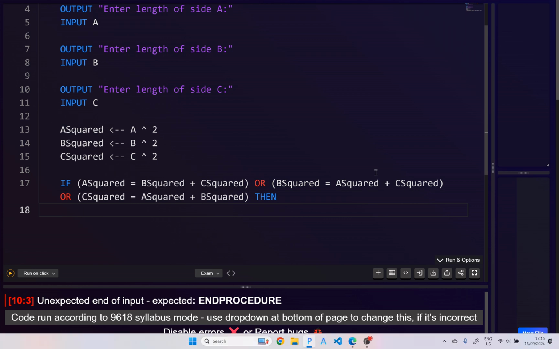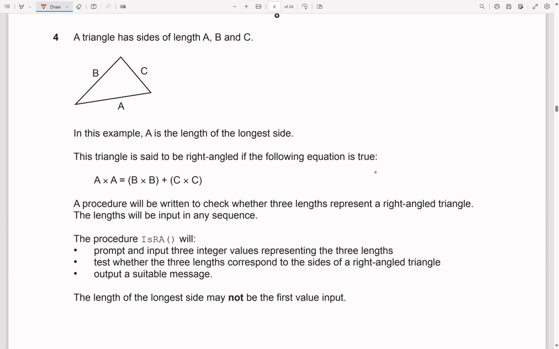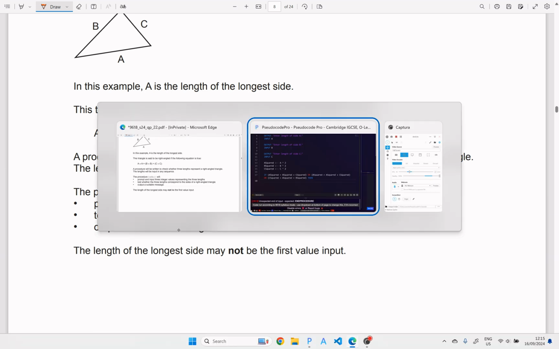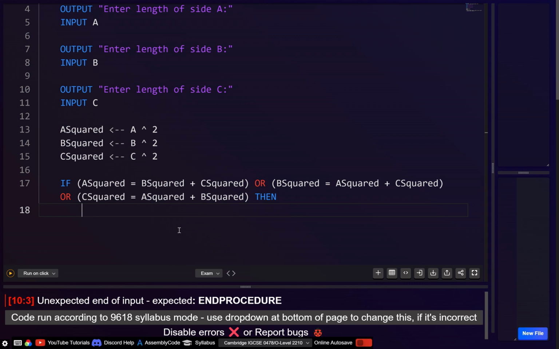If it is, we just want to output a suitable message. So let's say the triangle is right angled, or maybe let's say it is a right angled triangle.